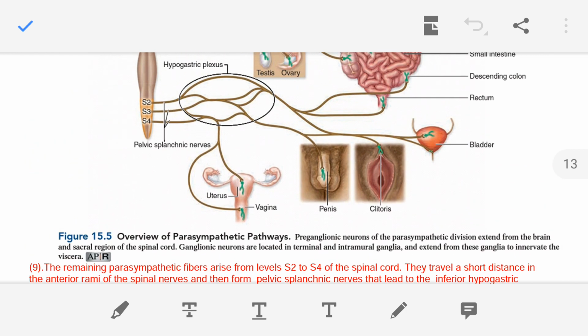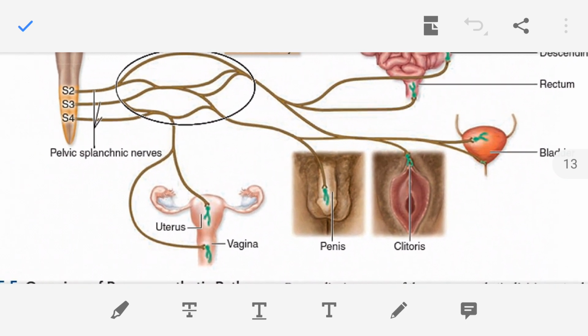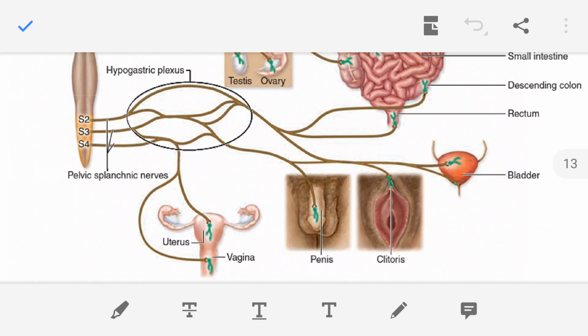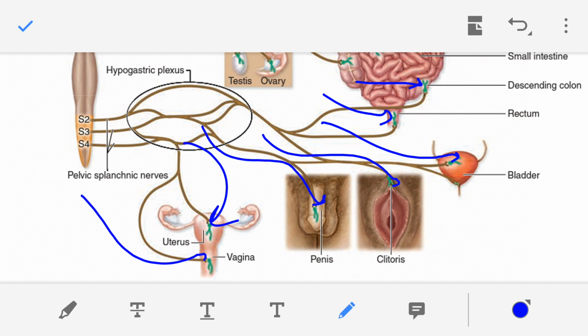So here you can see where the parasympathetic fibers are reaching: the descending colon, rectum, bladder, then clitoris, penis, uterus, vagina.